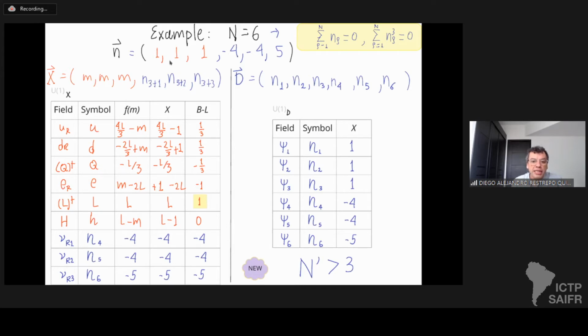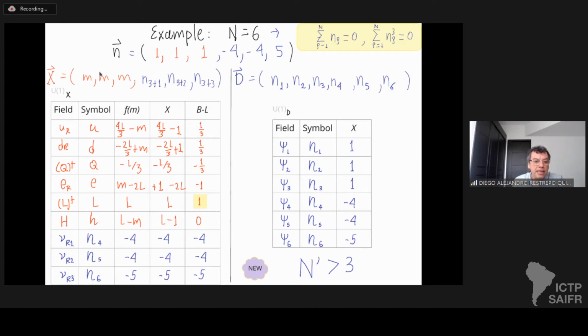We can see here there are 3 repeated charges. Because of this feature, we can use this solution to build an active symmetry. So I will choose the equal 3 charges as my free parameter M, and the other 3 charges as charges of extra singlet fields that I will call M4, M5, and M6.